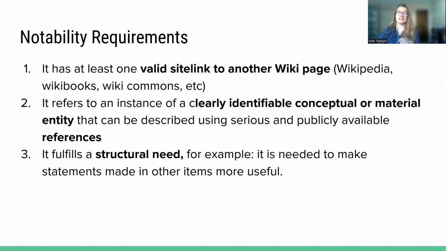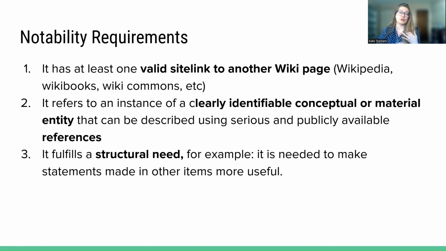So Wikidata has these notability requirements. For something to have a Wikidata item, one, it needs a site link to another wiki page, like Wikipedia, Wikibooks, Wikicommons, etc. Two, it refers to an instance of a clearly identifiable conceptual or material entity that can be described using serious and publicly accessible references.